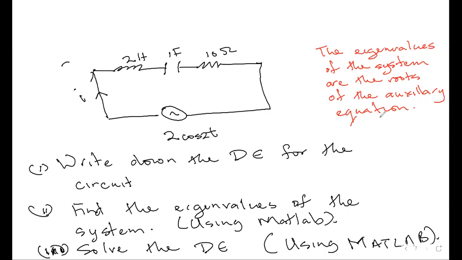So your eigenvalues of your system are the roots of your auxiliary equation.